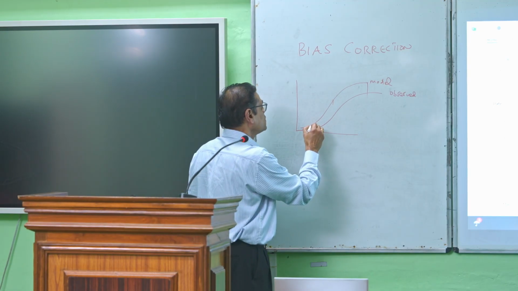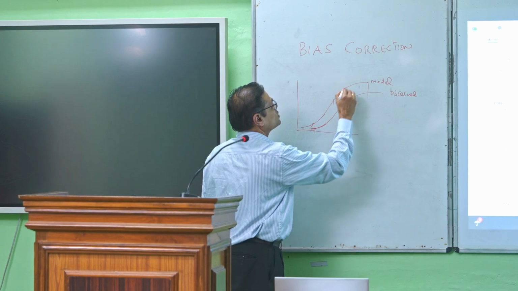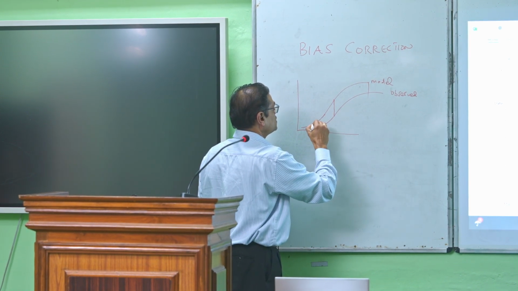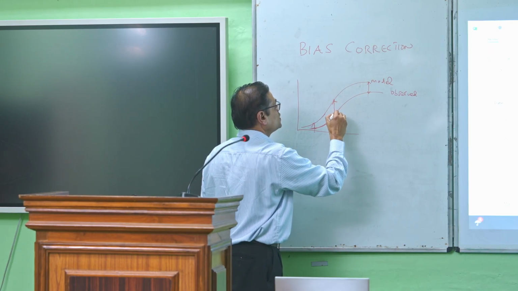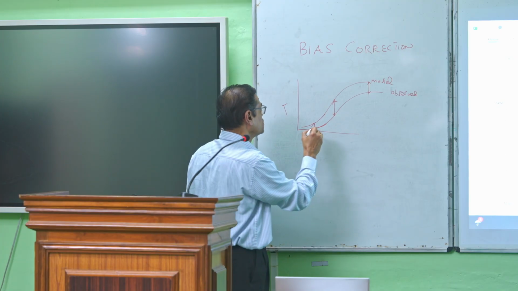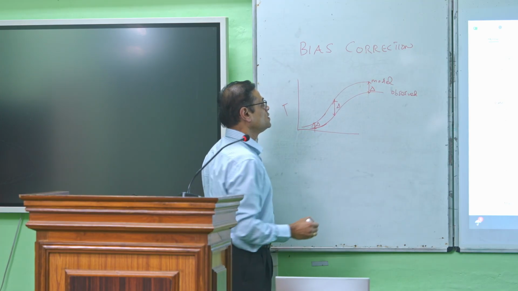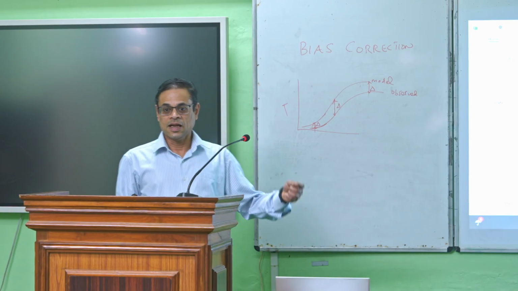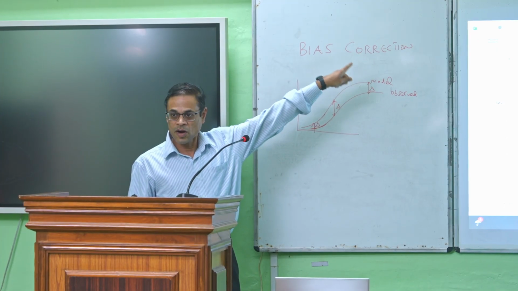So in this case, you see the model is on the top, observed is on the bottom. So a consistent bias that we are seeing here, let's say this is temperature. The variable is temperature or precipitation. So this difference, delta, that we want to adjust. Objectively, we want to take the bias from the observed and model data.